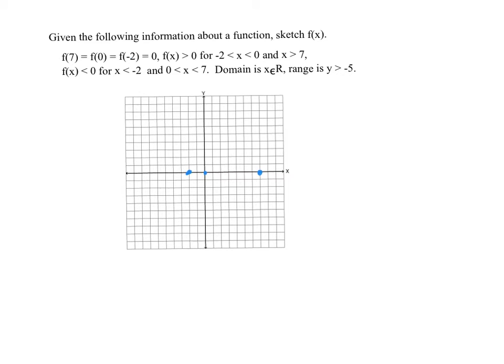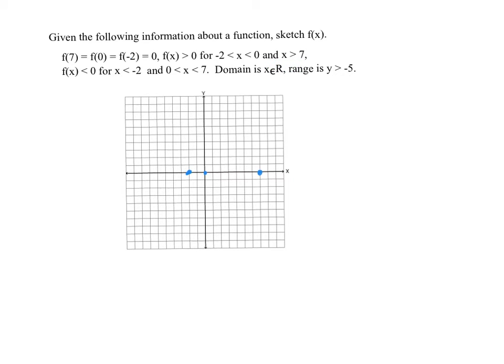So those are a few more hints. So we're thinking about what's happening above the x-axis. The points that are going to be above the x-axis are when x is between negative 2 and 0, and when x is bigger than 7.